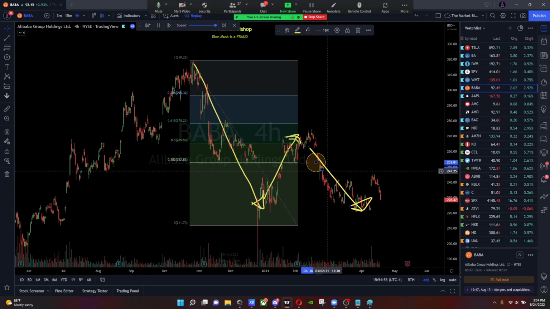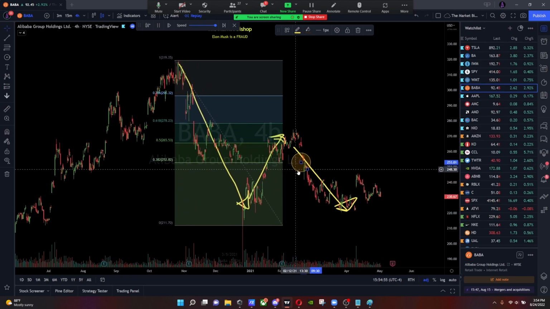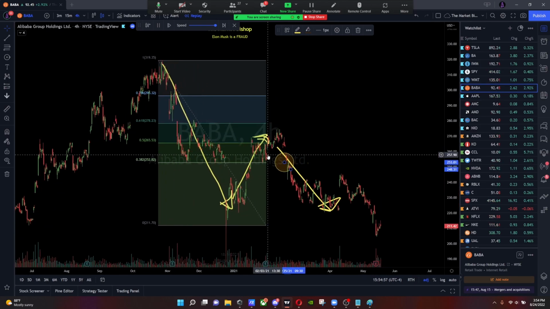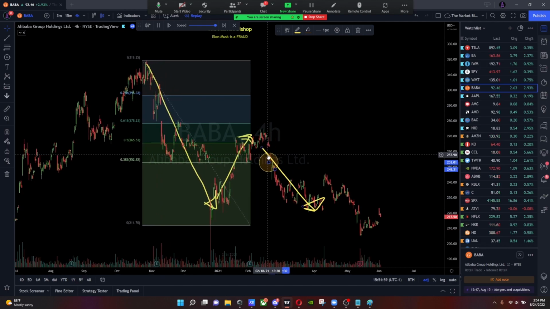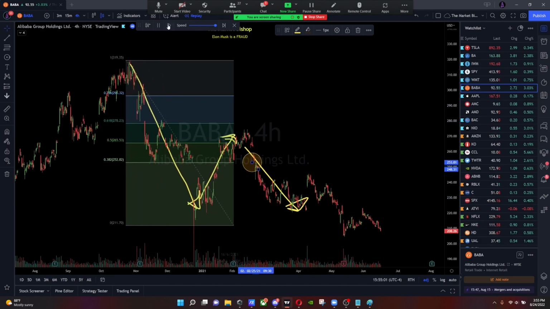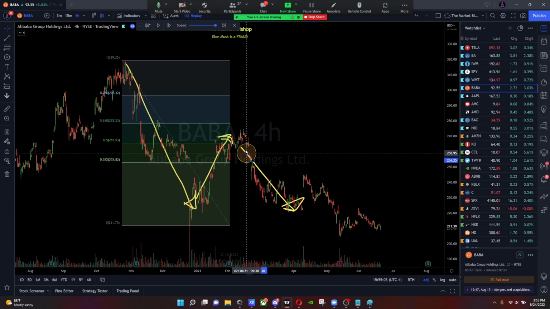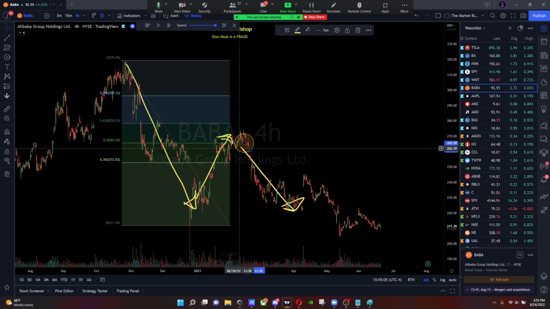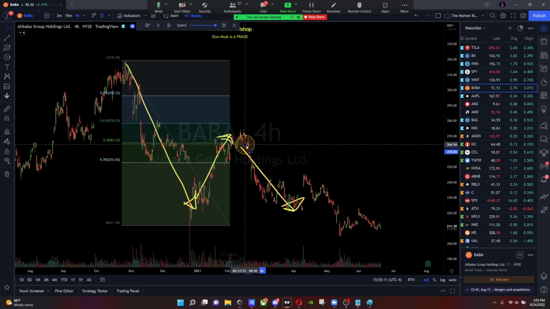Now, since we're on the 4-hour chart, these movements look small, but if you were to actually day trade using these levels, if you were to enter, let's say, right over here for the 50 percentile, you would have probably had a 67% profit. No, probably close to 100% profit.